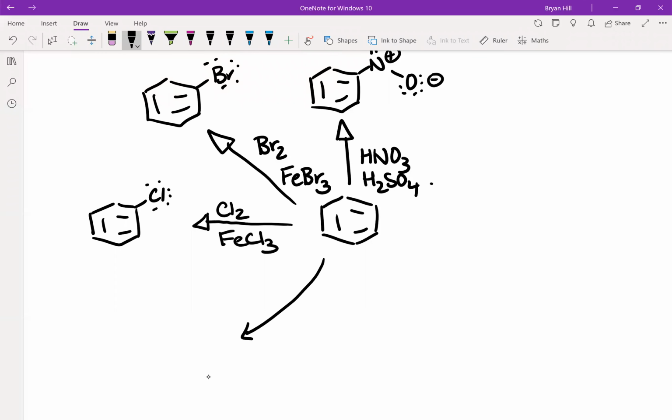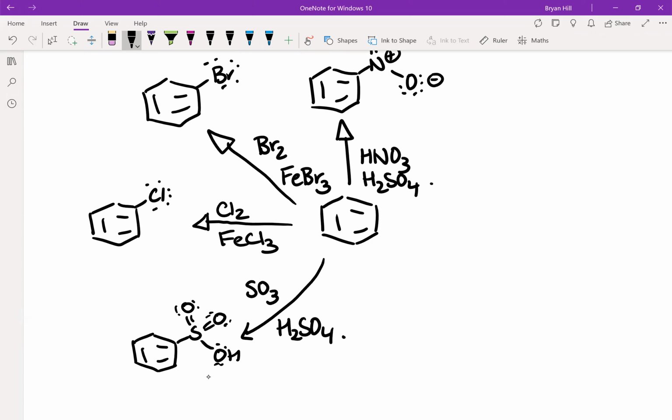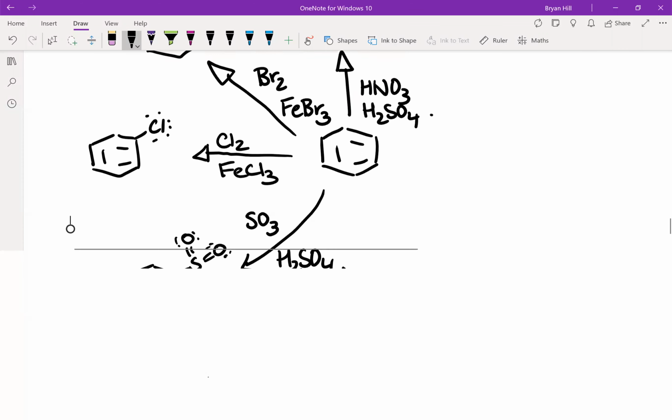If you use sulfur trioxide and H2SO4, you make the sulfonate, or sorry, the sulfonic acid. This reaction's actually reversible.